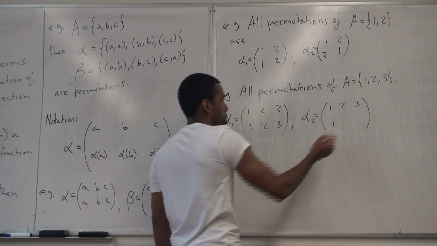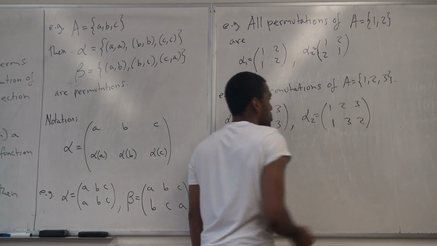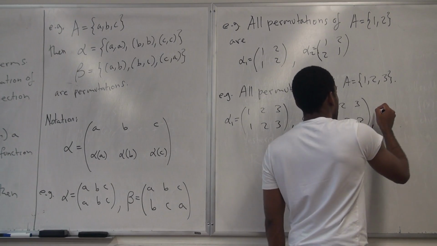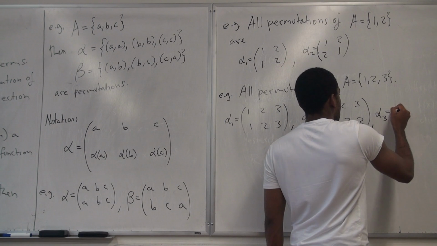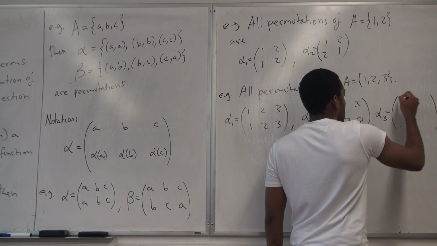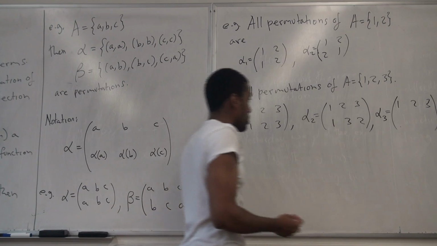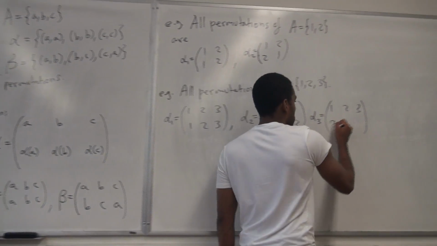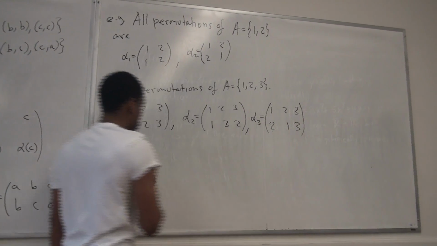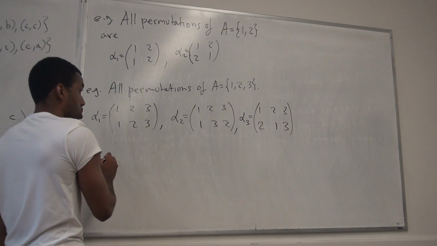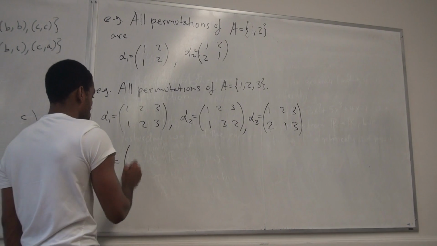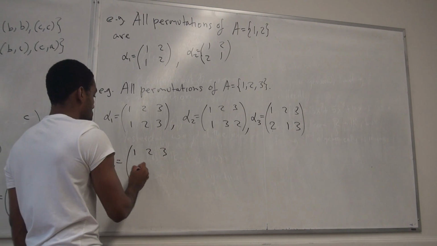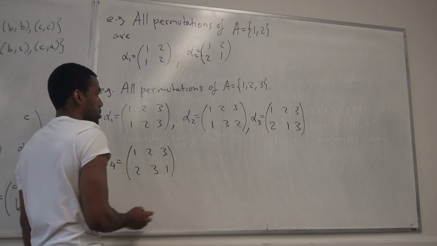Right, so I leave the 1 and then switch these two. Another one: 2, 1, 3. So put the 2 in the front and then 1, 3, and then of course I can switch the last two, 2 in the front, but then the 3 and the 1.